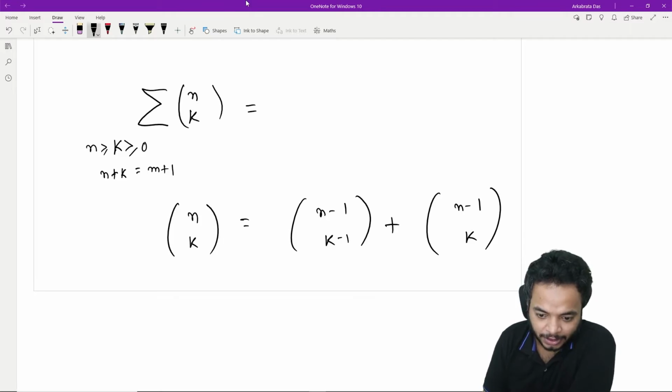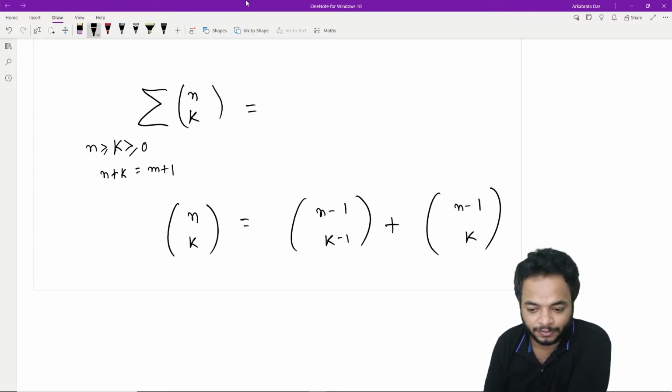I'll be breaking this sum with the help of this identity. This combinatorial identity has a very nice combinatorial argument for its proof, so try it out if you don't know.